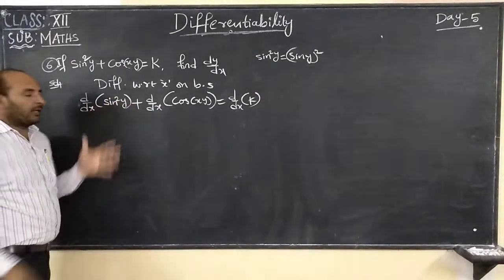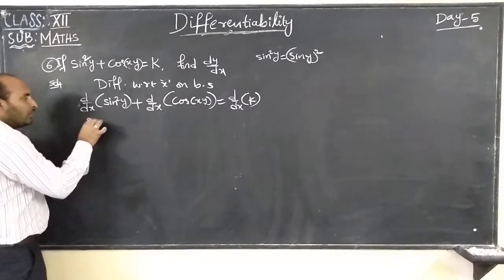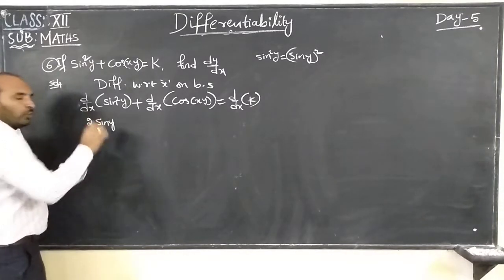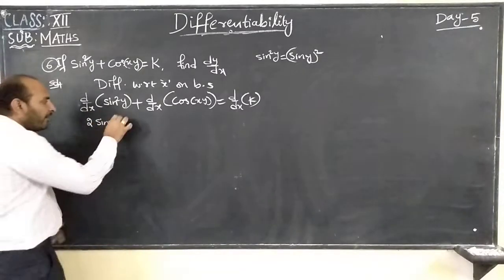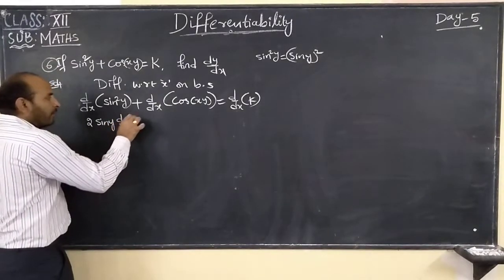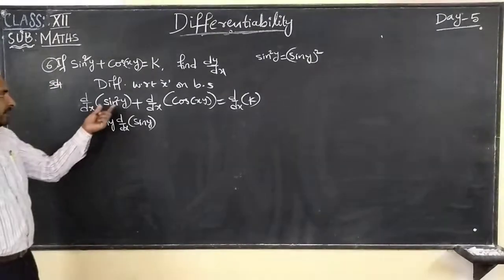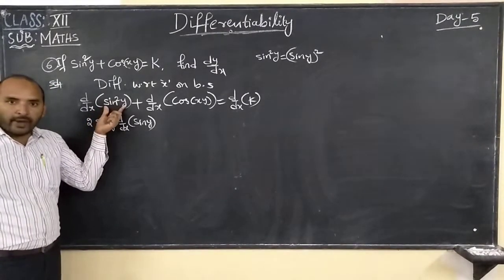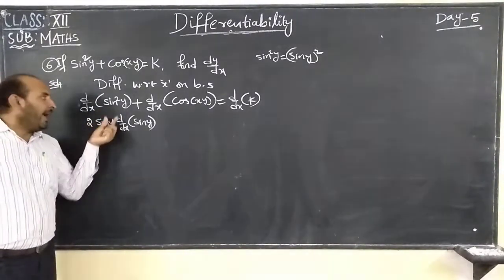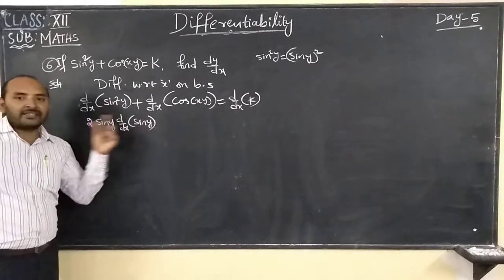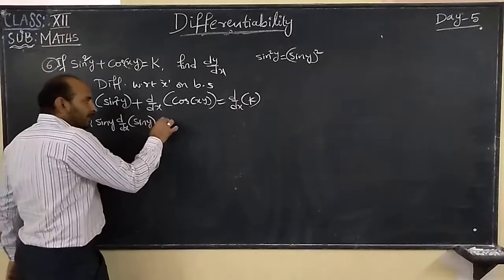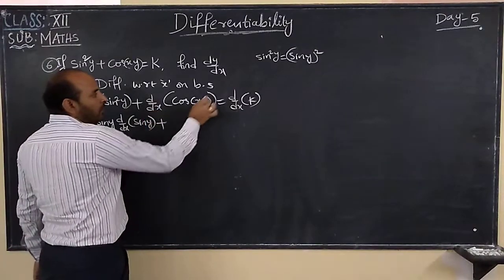Derivative of x square is 2x. So 2 into sin y, and inner function derivative d by dx of sin y, plus derivative of cos x form.